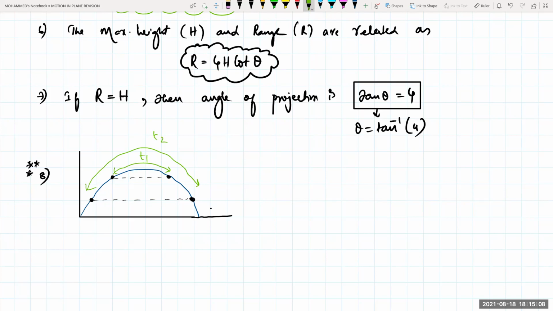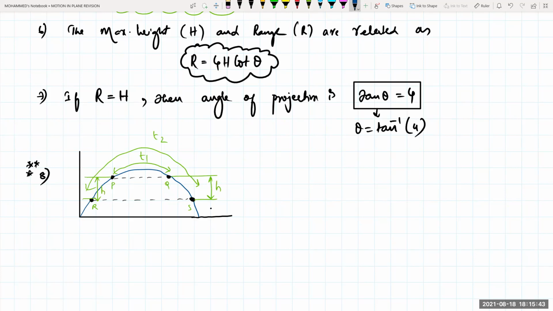While going up it is at this height, and while coming down again it is at this height. So between P and Q, and R and S, these are the two heights at which the time taken is, for example, T1, and for R and S it is T2. These are the times corresponding to the same levels, and this height will be equal to H.